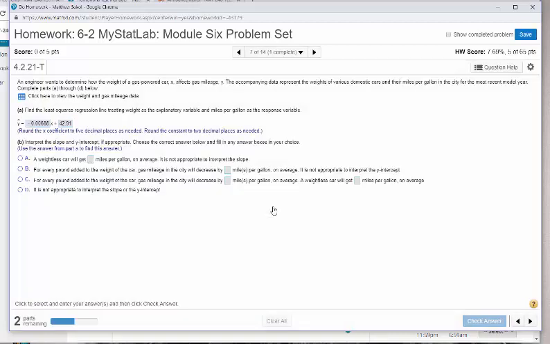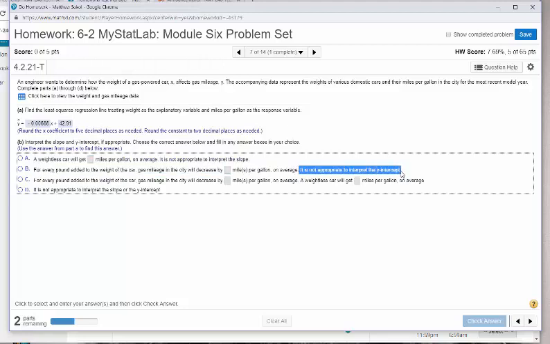So great. Now let's interpret the slope and y-intercept if appropriate, and choose the correct answer. Here's the thing: it's not ever appropriate to interpret the intercept, so you're going to know that right here. It's not appropriate to interpret the y-intercept.